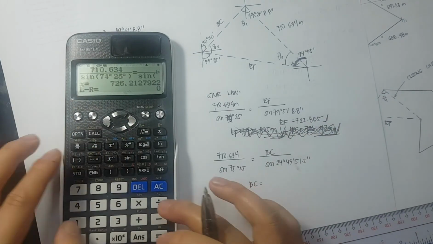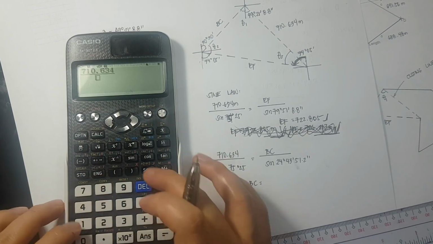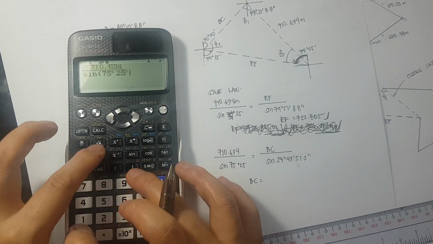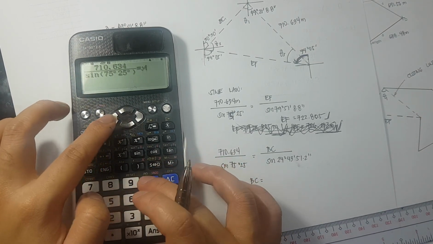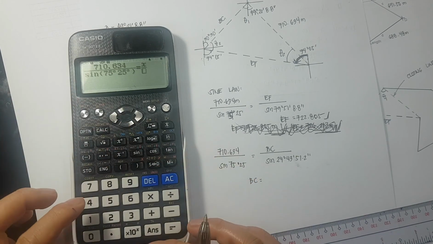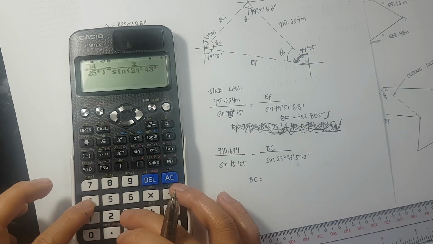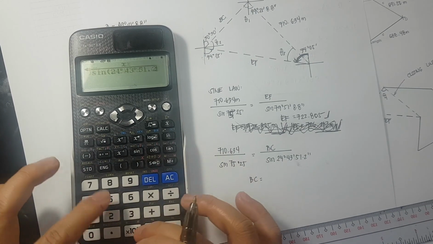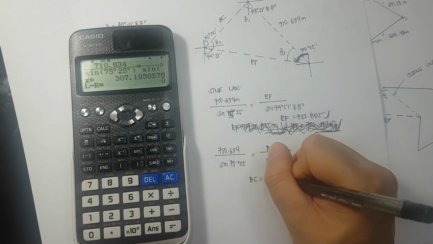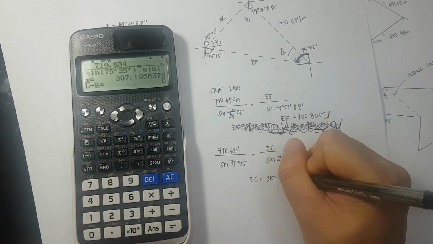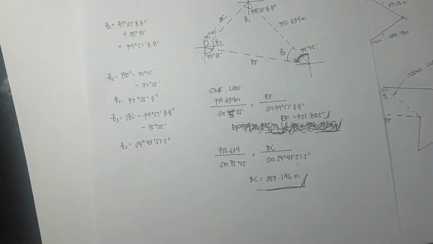Therefore, line BC is equivalent to 710.634 sine 24 degrees 43 minutes 51.2 seconds over sine 75.25, and BC is equivalent to 307.196 meters. And that is our final answer.